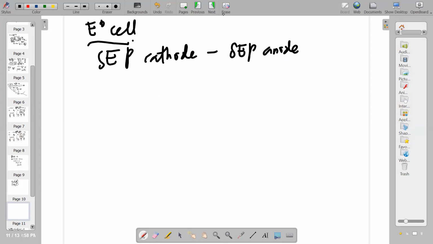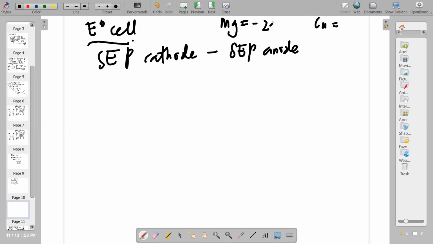Now you look, they gave you magnesium and copper. Magnesium was negative what? Someone tell me, class? Negative 2.37.